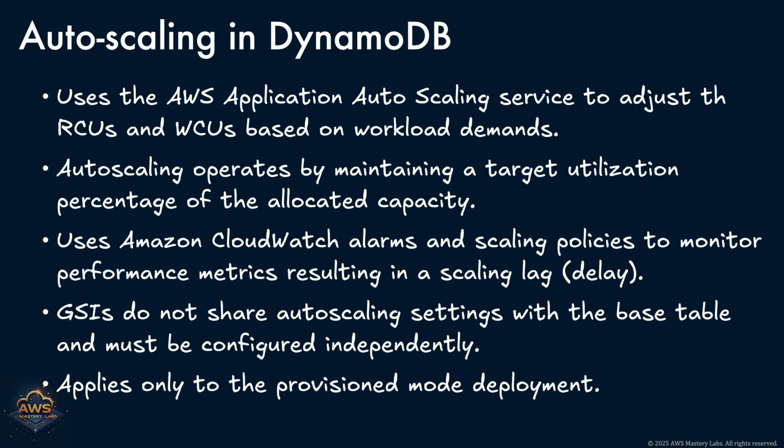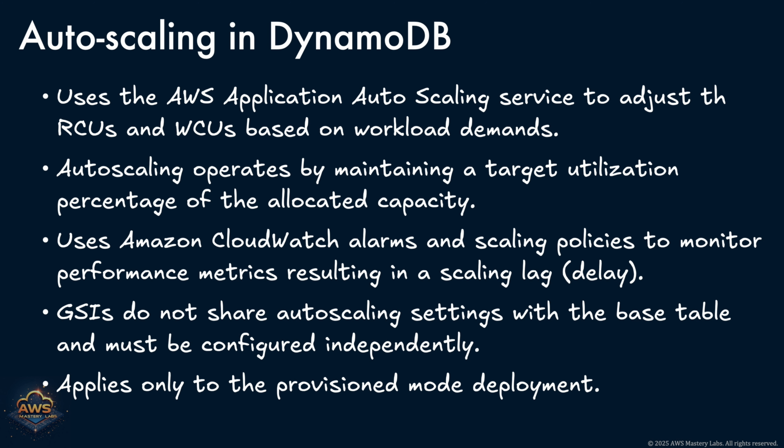Auto-scaling behaves differently based on the capacity mode chosen for the table. In provisioned capacity mode, read and write throughput is explicitly set, and auto-scaling dynamically adjusts it within defined limits. However, in on-demand mode, DynamoDB automatically scales without requiring predefined capacity settings, making it an ideal choice for unpredictable workloads.